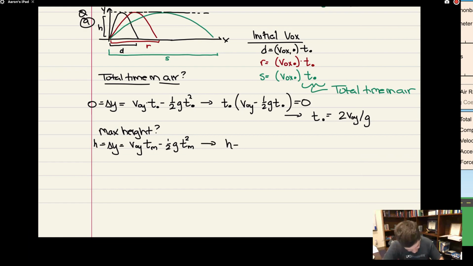So this suggests that h equals v naught y t minus 1/2 gt squared. And these are t's to get to the half points. But again, h depends on this other variable.